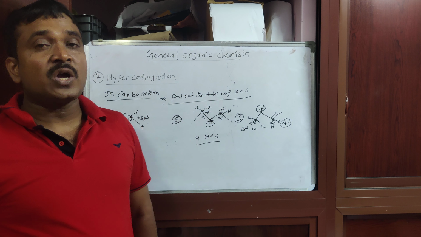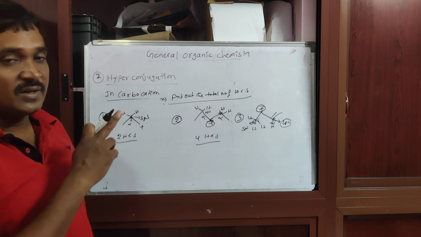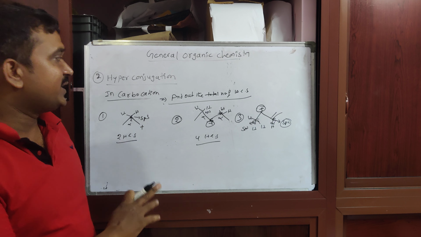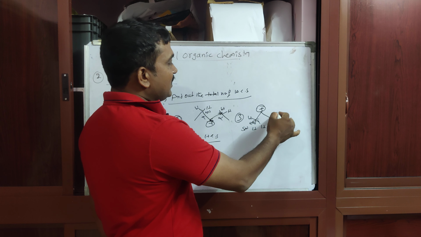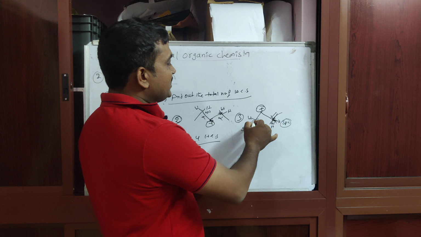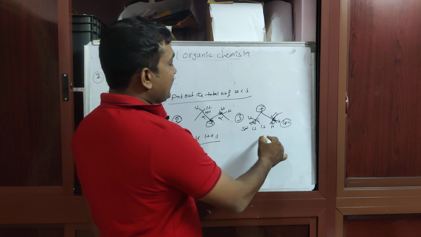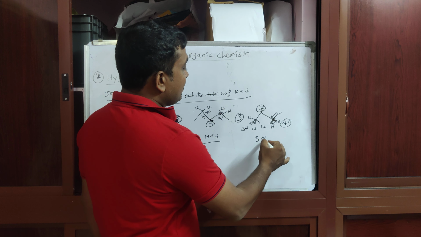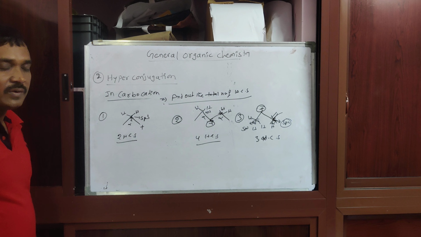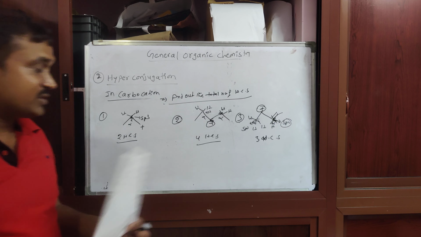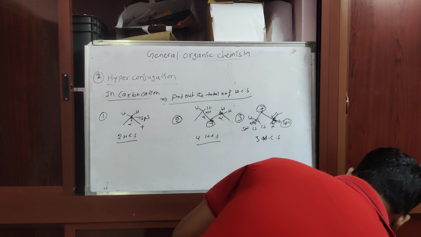What are the conditions to show hyperconjugation? The alpha carbon must be sp3 hybridized. This carbon is only sp2, so it will not show hyperconjugation. Only this alpha carbon will show hyperconjugation, giving 3 hyperconjugation structures. In this way, you can find the number of hyperconjugation structures of any molecule.